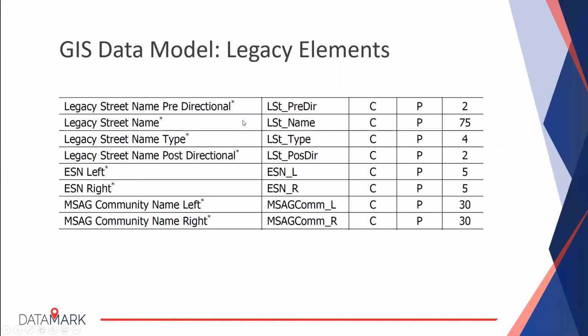The other key component to legacy fields, and probably the most important, and the reason that they're here is that, and while I don't have the identifiers here, this last field here is actually the field width. And the field width here is very different than it is for the next generation 911 data elements. This field width here is generally the field width needed to support today's legacy ALI.